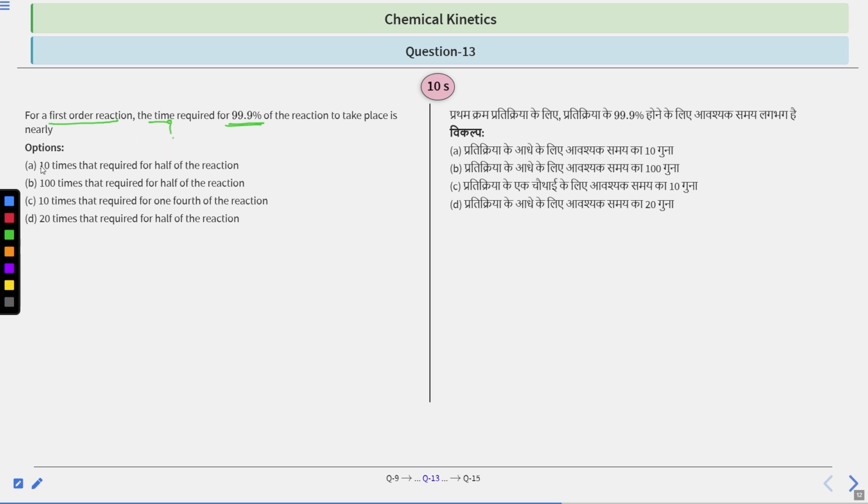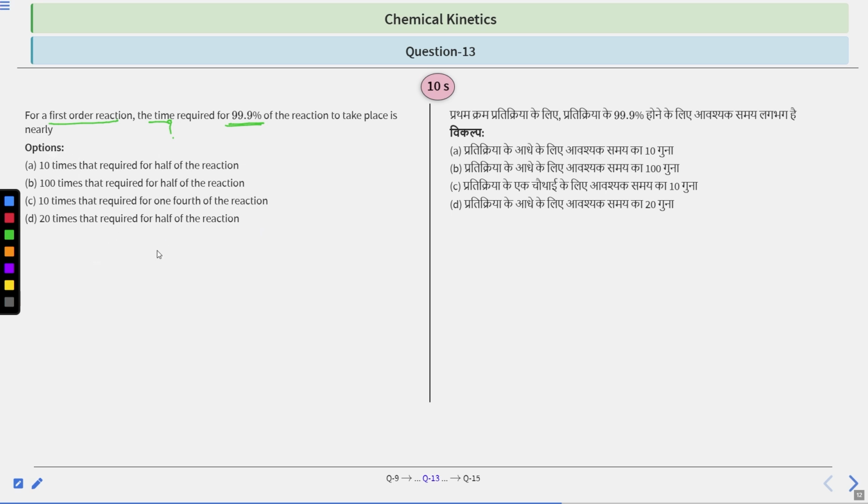Options are: 10 times that required for half of the reaction, 100 times that required for half of the reaction, 10 times that required for 1/4 of the reaction, or 20 times that required for half of the reaction.